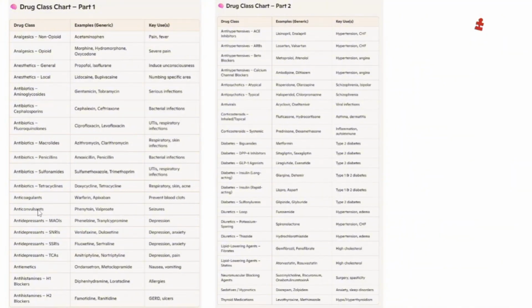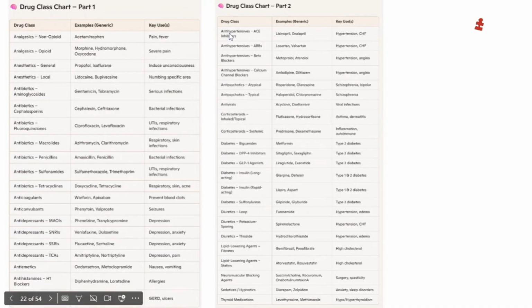You have your anticonvulsants, they prevent seizures. Your antidepressants, right? We know what those do. You have your antiemetics, and that prevents nausea and vomiting. You have your antihistamines, right? So those are for allergies. And also, they use antihistamines for GERD and ulcers.